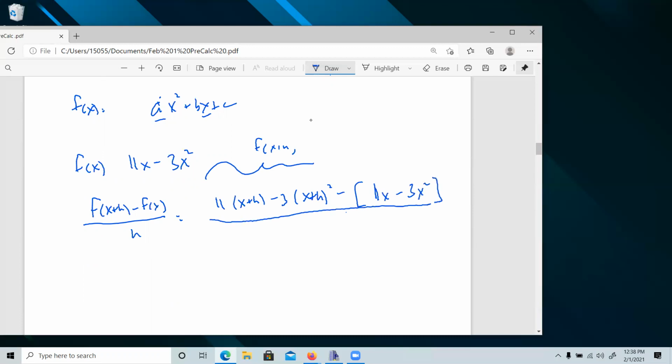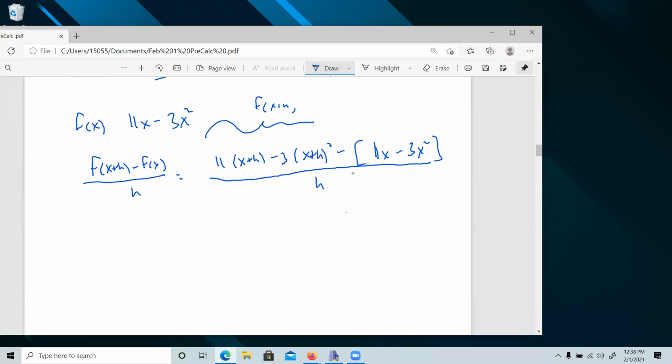Notice that my first line for working this problem is just filling in the formula correctly. I'm not trying to process anything by putting this negative sign through; that's going to happen in a little bit. My first step is to expand out the x plus h squared. I don't need binomial theorem for this. I think you're all good with being able to do this, right?